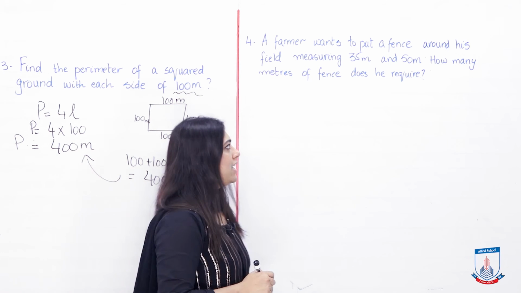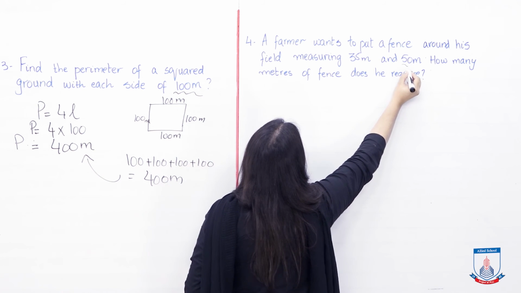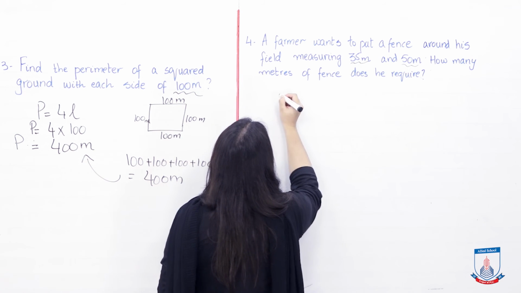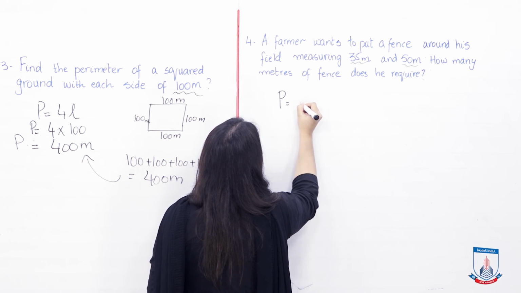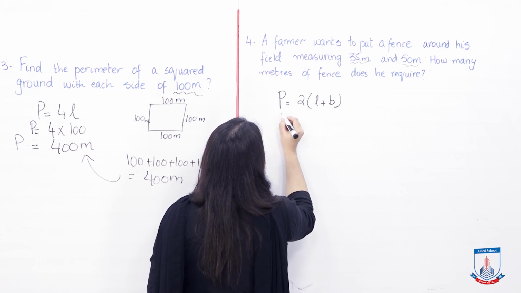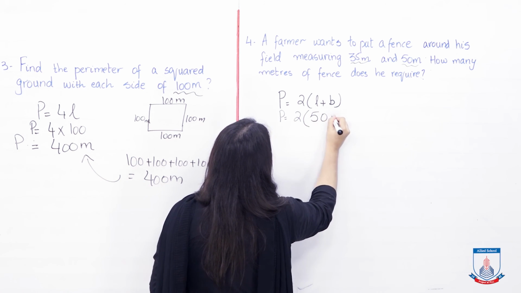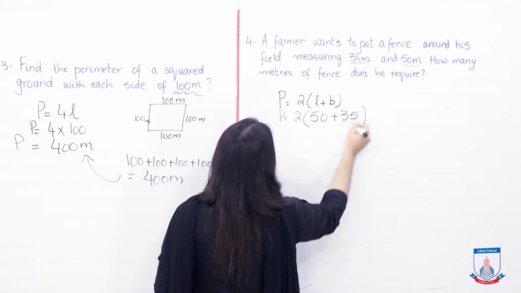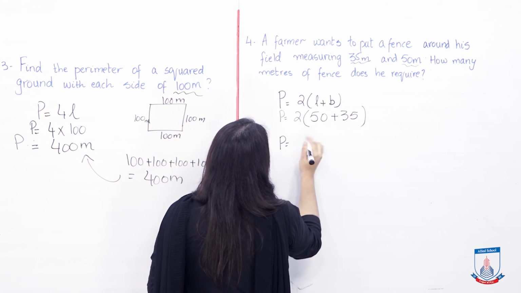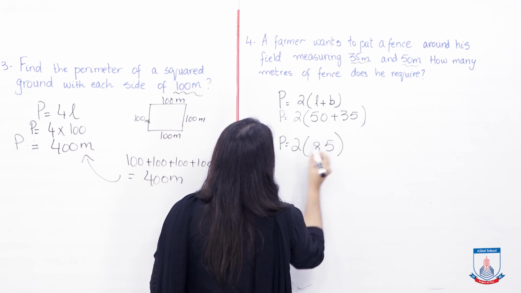So let's get started. First, this is your length and this is your breadth. What is the formula for the perimeter? It is equal to 2 times length plus breadth. Here, length is 50 and breadth is 35. Now we will add both of these. What do we get? 85.